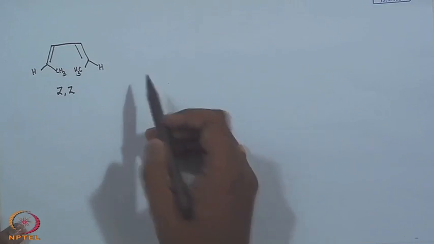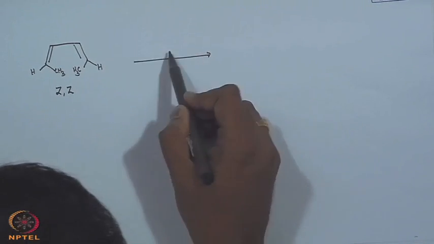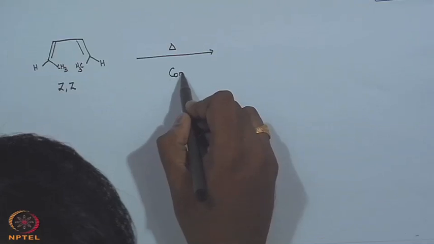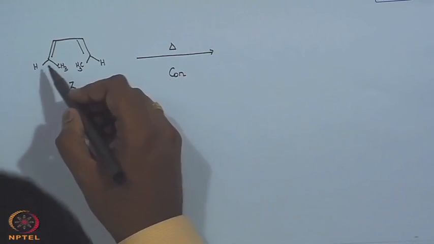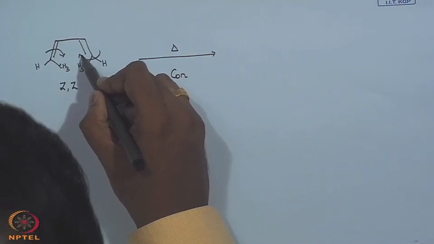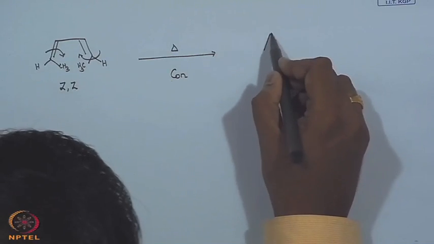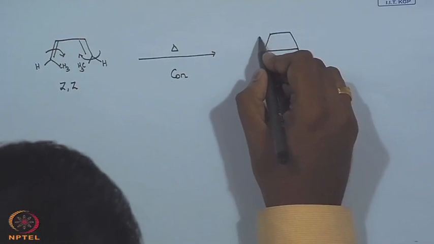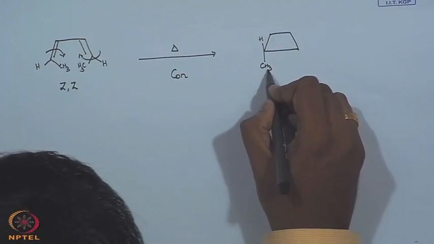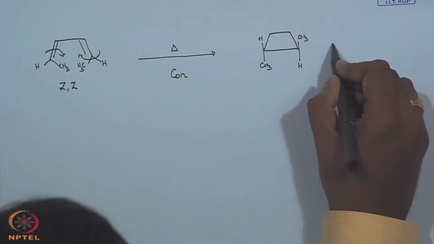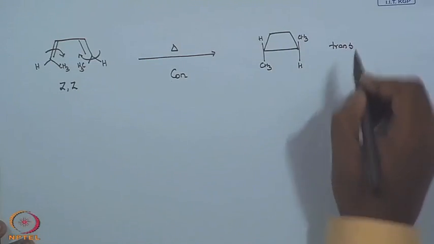Now, if I heat this, again the system is 4 electron, that is the 4n rule. So, you know heating gives con. What product are you getting now? Your hydrogen is up, methyl, in this case your methyl is up and hydrogen. So, you get trans.